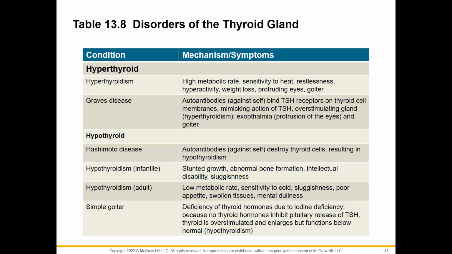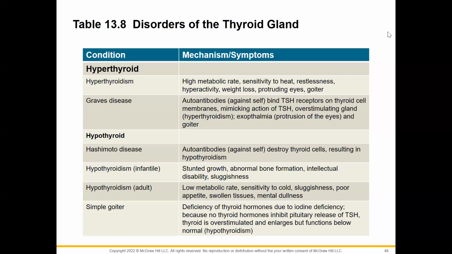So let's talk about some disorders of the thyroid. There are a lot of different ways that your thyroid can be negatively impacted and cause problems in the body. Basically, there are two basic categories of it.